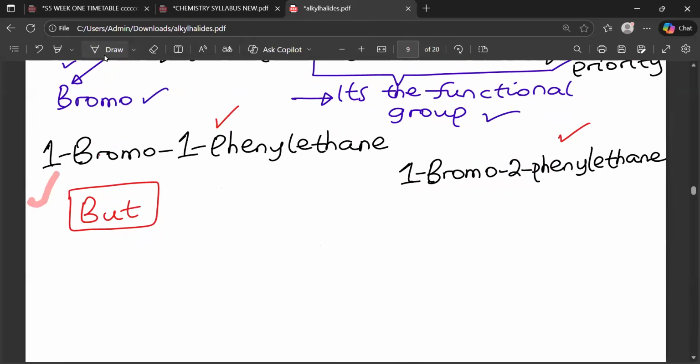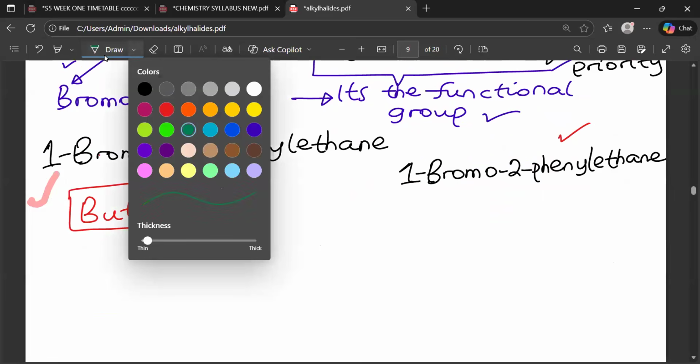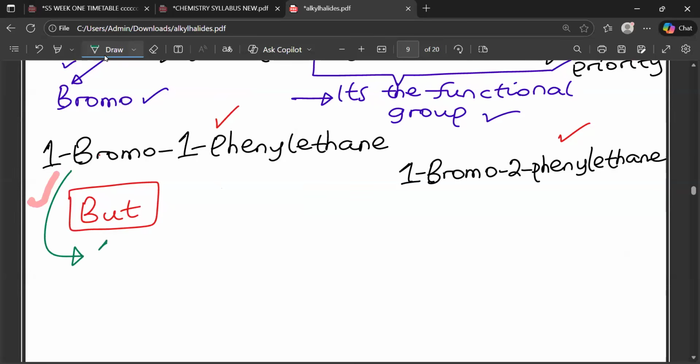What if I wake up one time and tell you that this one is 1 phenyl? Because I may say, but in either case, the position of bromo is 1 and 1. Let me ignore it and begin with 1 phenyl, then I say bromoethane.